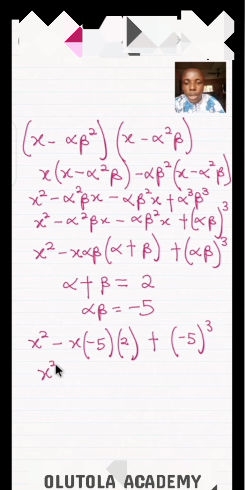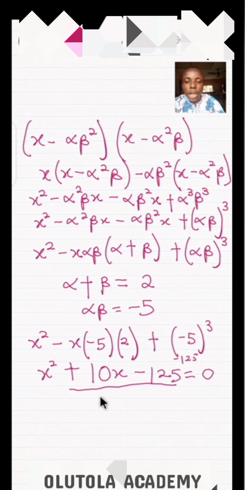I have x squared plus, because minus times minus is plus, 10x, and minus 5 times minus 5 times minus 5 will give me minus 125. So plus 10x minus 125 equals 0. So this is the equation we are to find.